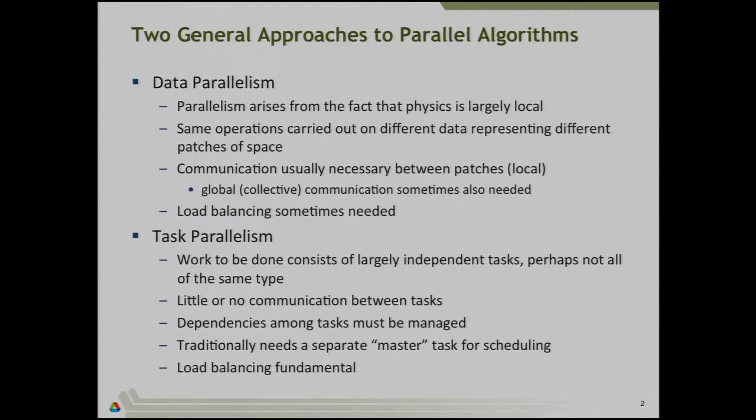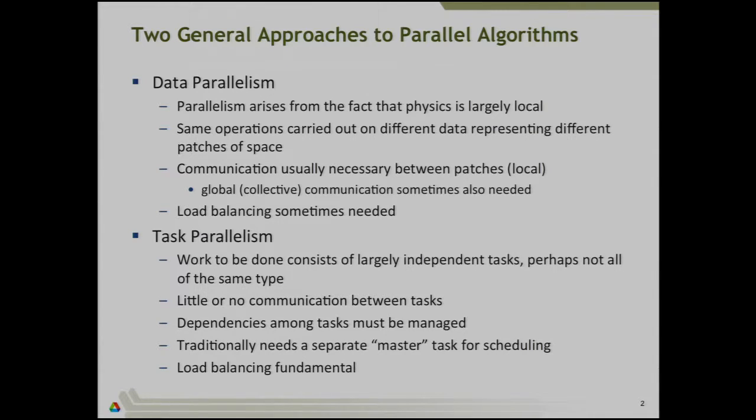So we might start by thinking of, you've already been exposed to this idea. At a very high level, I think of there as being two different approaches to parallel algorithms, although sometimes these are mixed. Data parallelism, which arises from physics problems and some mathematical matrix problems, in which parallelism arises from the fact that physics is very local.